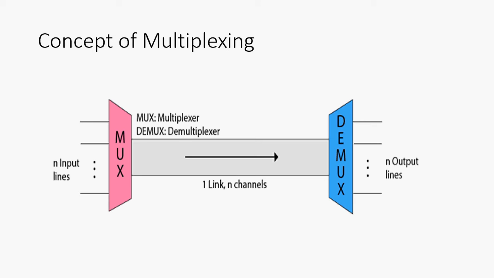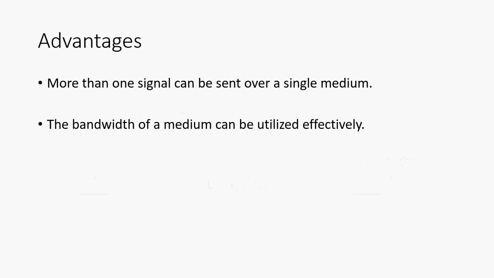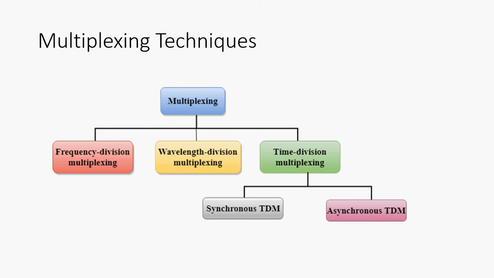Now let's see the types of multiplexing. Before that, we will see the advantages of using the multiplexing techniques. The advantages are more than one signal can be sent over a single medium, and the bandwidth of a medium can be utilized effectively. So these are the multiplexing techniques available. The first one is frequency division multiplexing.